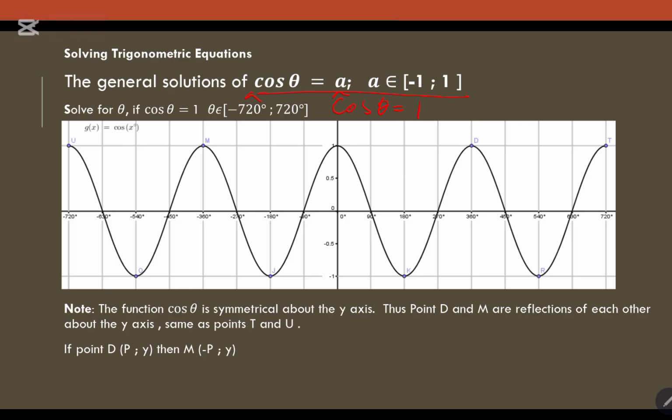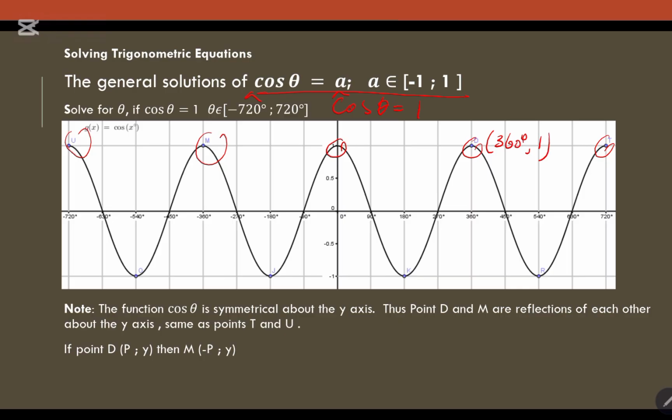So, in this case, we've got cos theta equals 1. So the amplitude of this cosine graph is 1. So there is a solution here. So they meet at this point, they meet at that point, they meet at that point. But when you look at this point, let's start with the coordinate of point D. The coordinate of point D is 360 and 1.